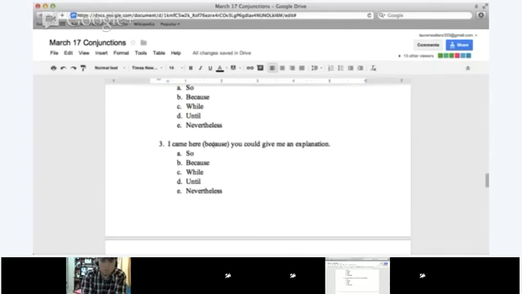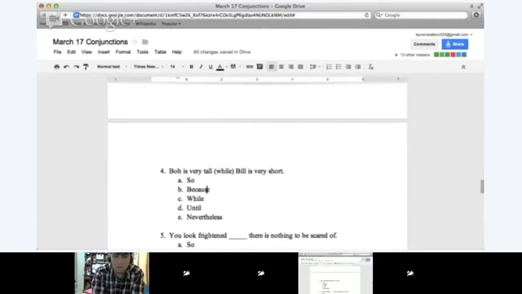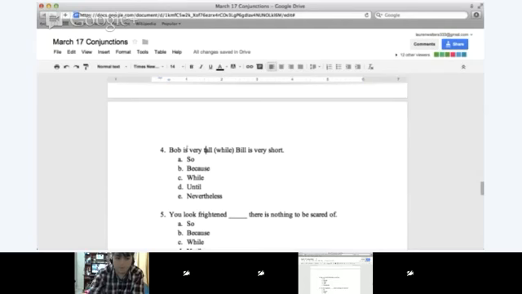This one would actually be so you could give me an explanation. So means that you're going to give a reason about something, or that something is happening because of something else. So it kind of has to do with reasoning. So I came here so you could give me an explanation. Bob is very tall. So number 4, Bob is very tall while Bill is very short. And that is perfect.